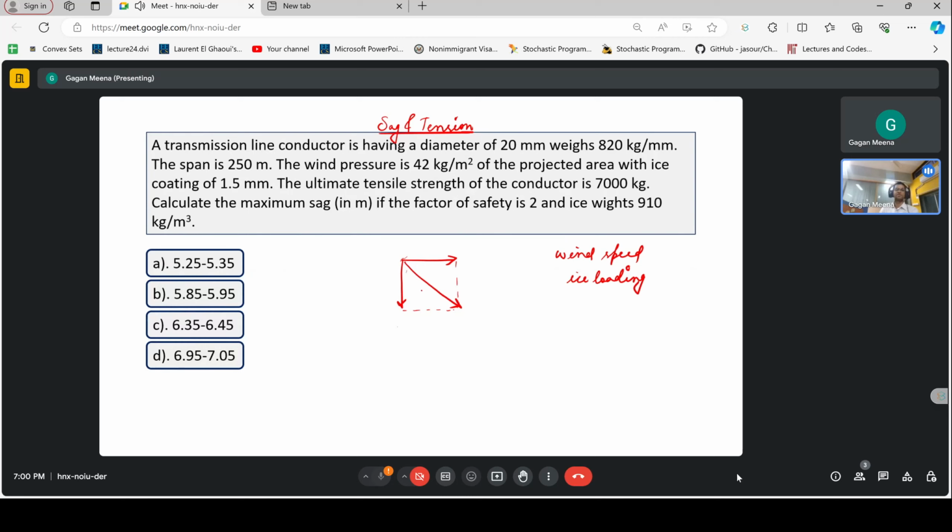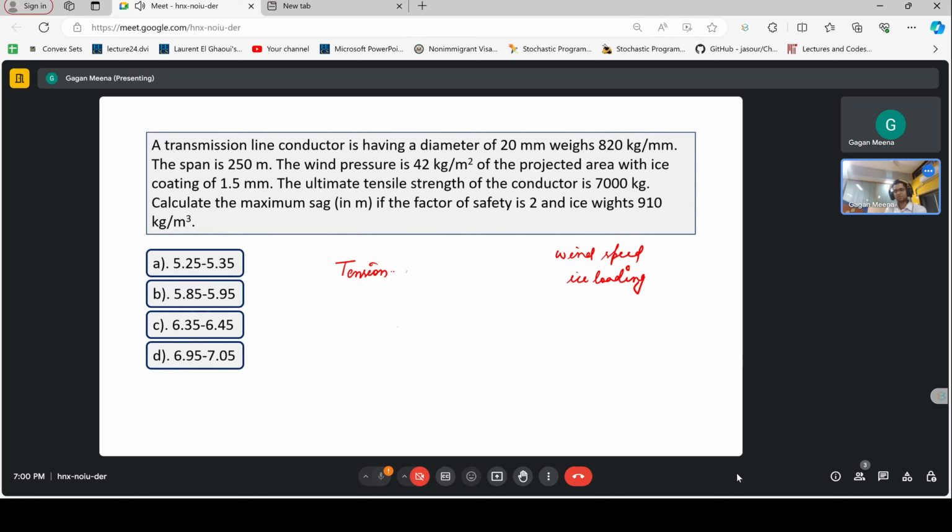So tension is 7500 divided by 2. Yes, tension is this. Where diameter is 2 centimeters. Thickness of ice coating is 1.5 centimeter.